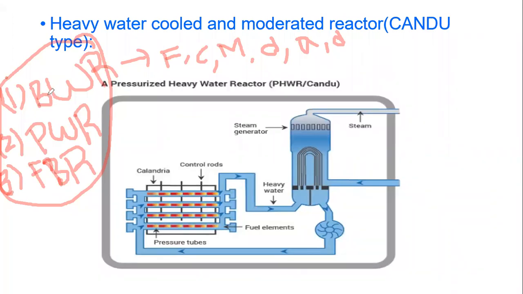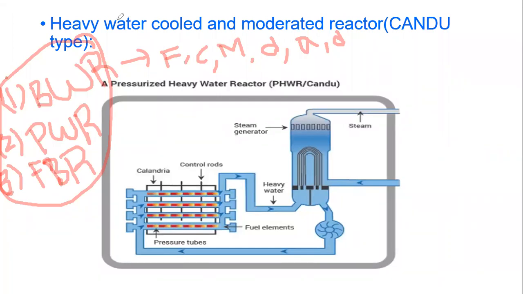Out of three topics, at least in two sets we have questions related to these three types of reactors. That's why we learn the advantages, disadvantages and diagrams of these reactors.